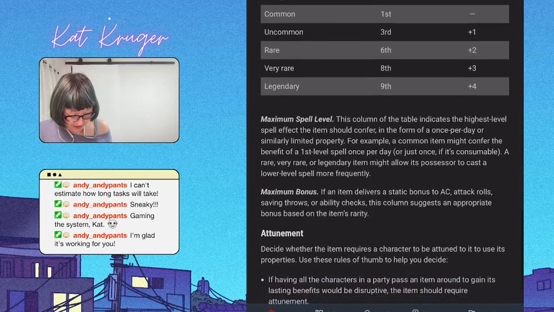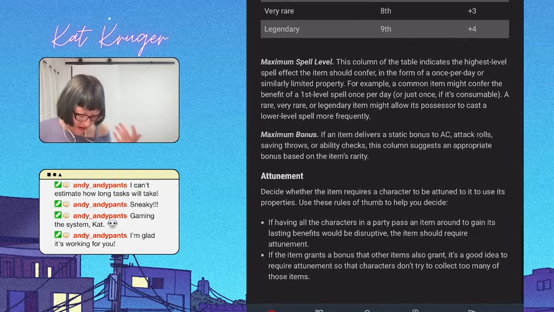And there's also the idea of attunement. There's no hard and fast rule about it, but I think it has more to do with party balance, and how it could potentially disrupt your game if you're able to give an item to somebody else in the party and just keep passing this item around.